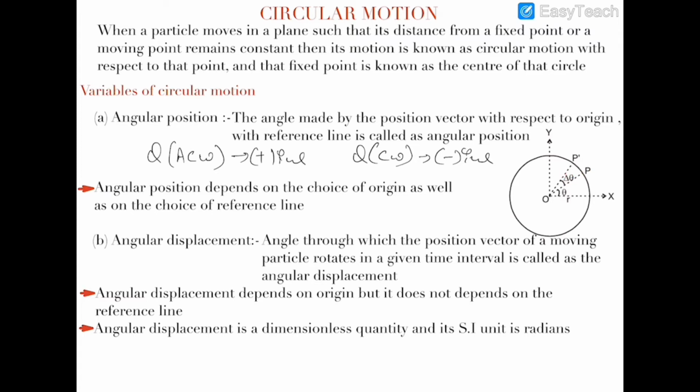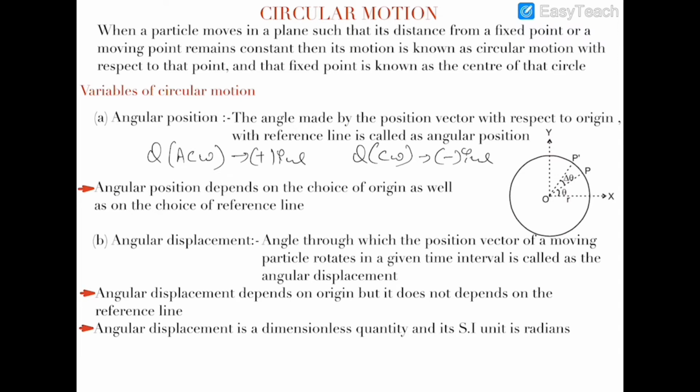This is a very simple thing: a difference of any quantity is not absolute, since we are calculating the difference. So angular displacement is independent of the choice of reference line.